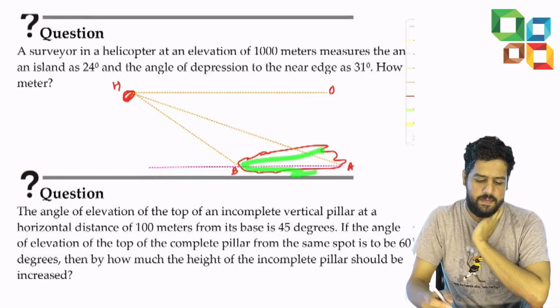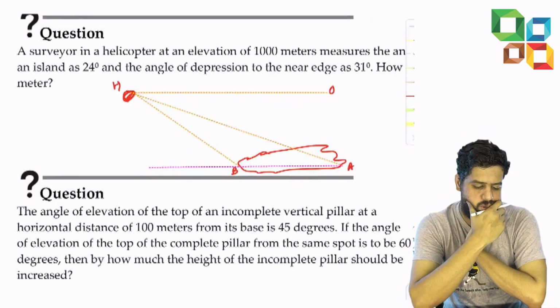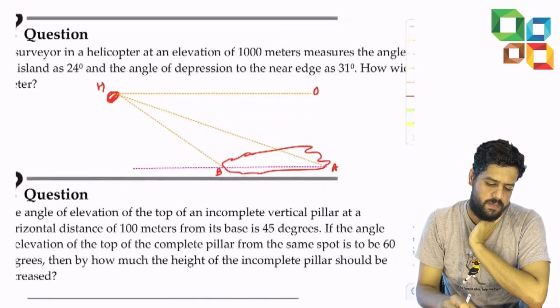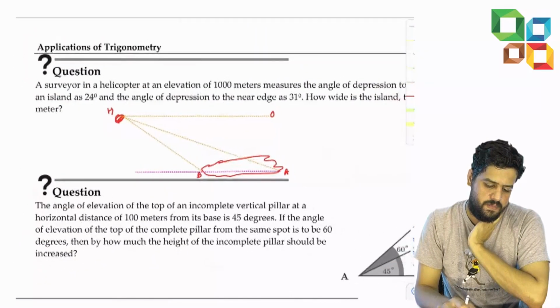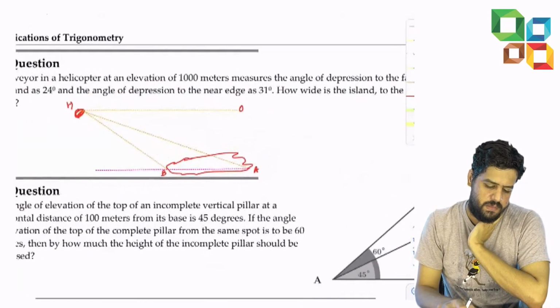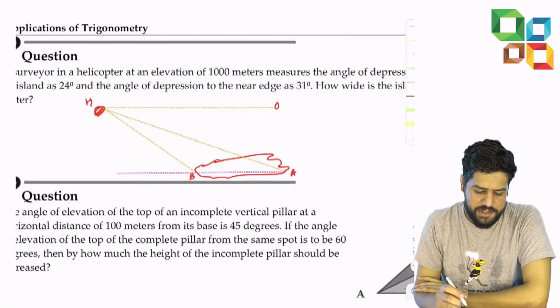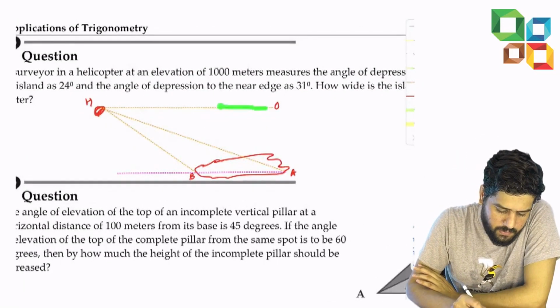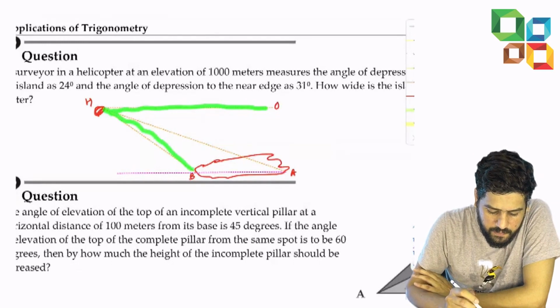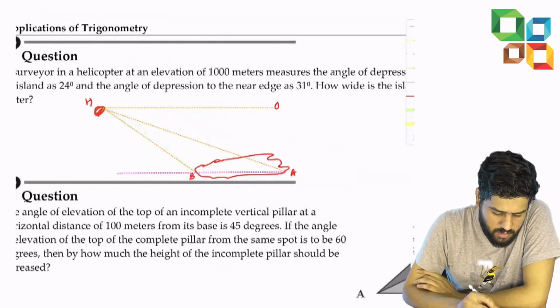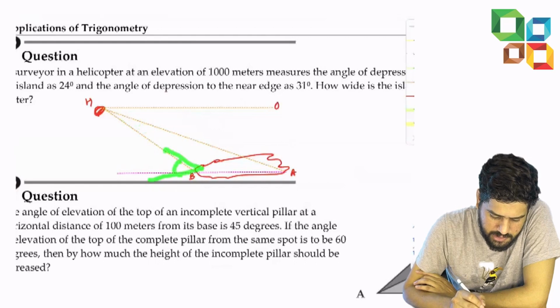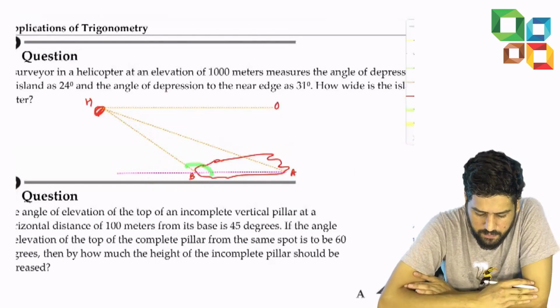This is the island. Yes, sir. Angle B is 31 degree and angle A is 24 degree. This angle, HAB.